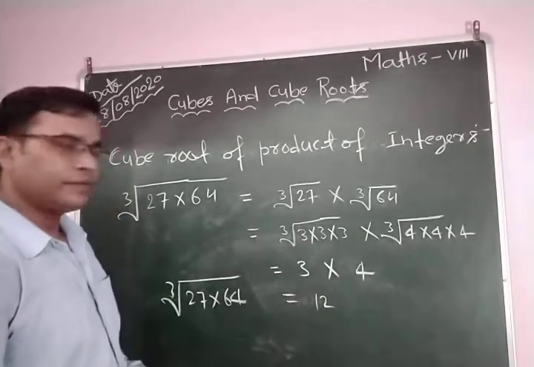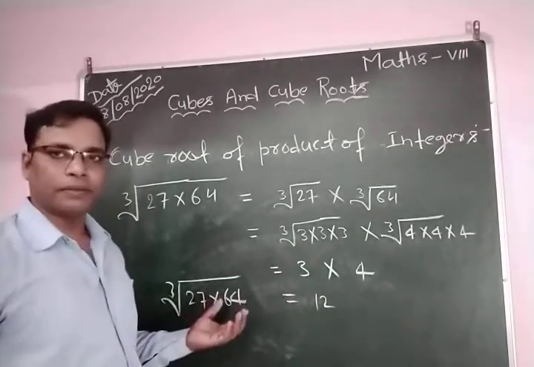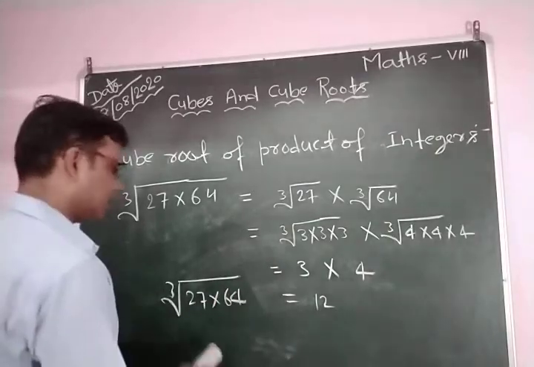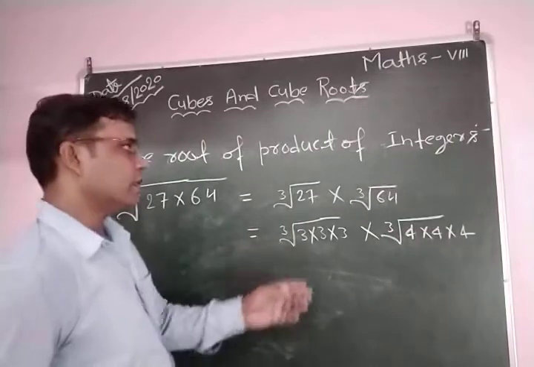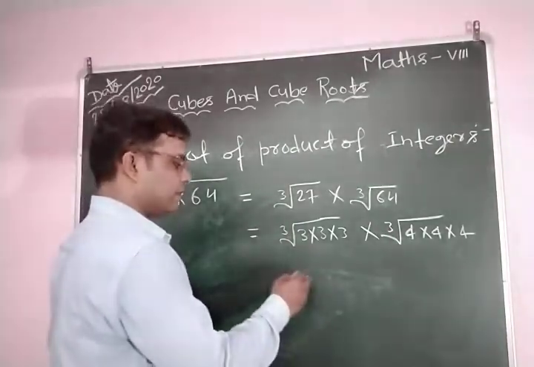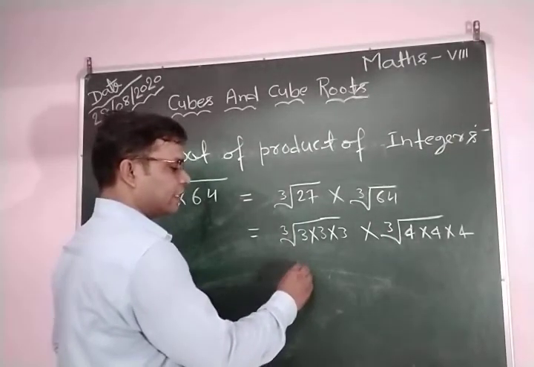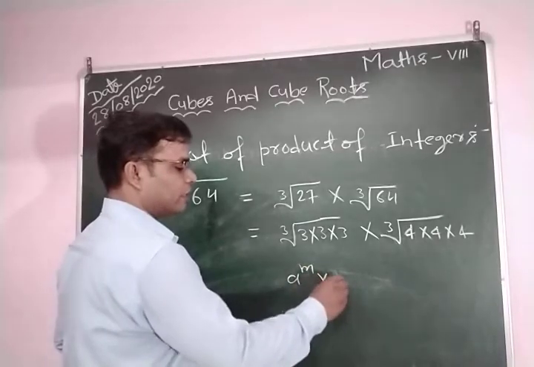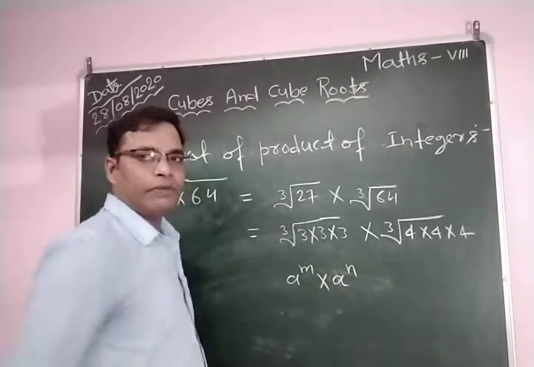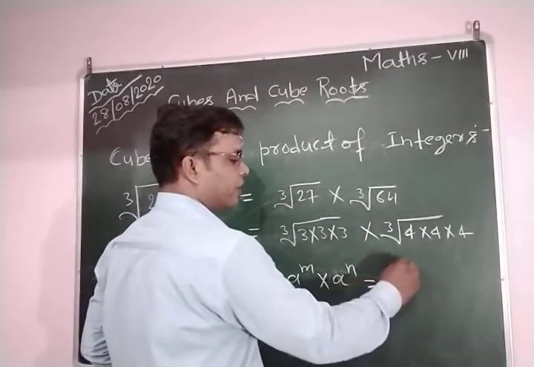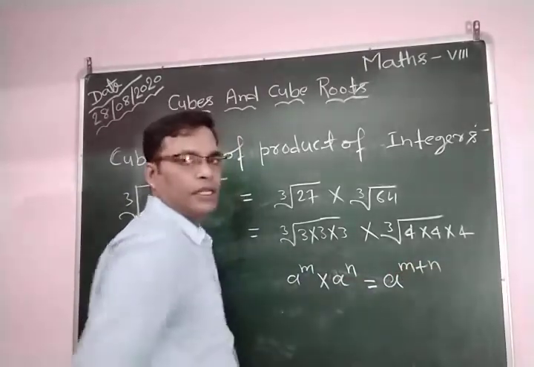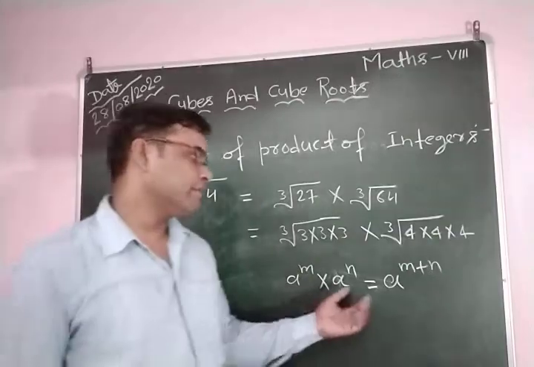And also you can solve by the power method like that. You know very well this formula: if the bases are the same in the case of multiplication, then the powers will add. So in this way you can do it: a to the power m plus n.